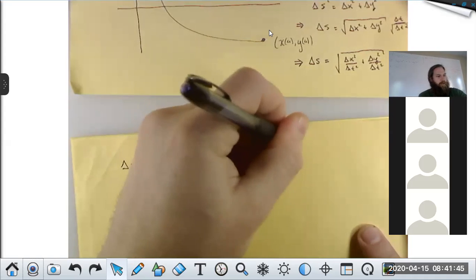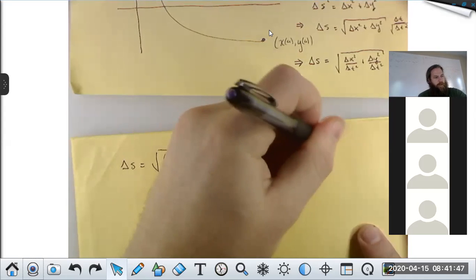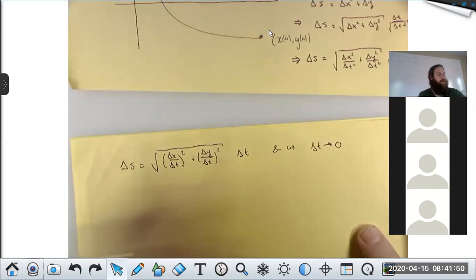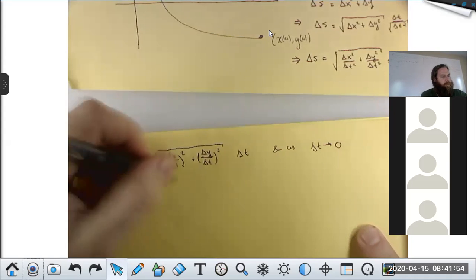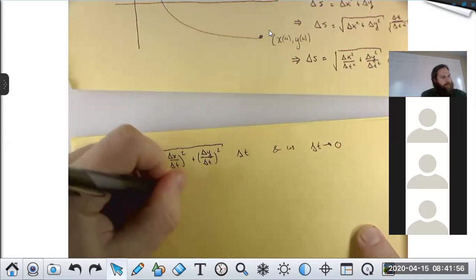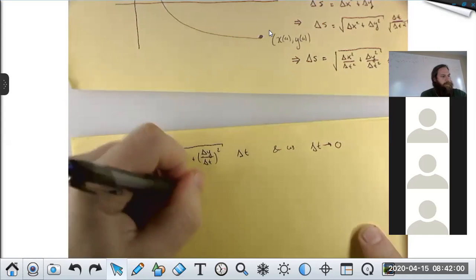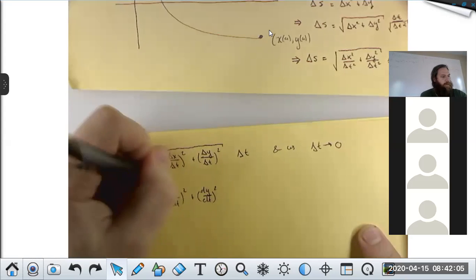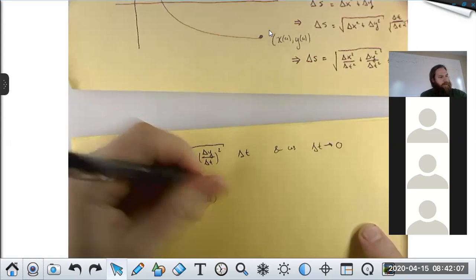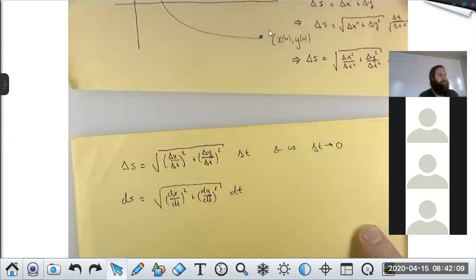And as delta t goes to 0, in the limit, this becomes the differential statement ds equals the square root of dx dt squared plus dy dt squared times dt.